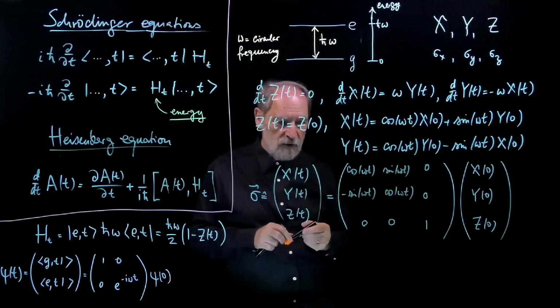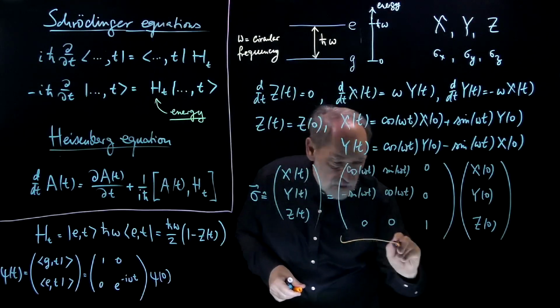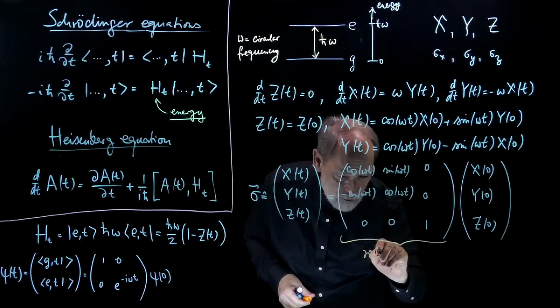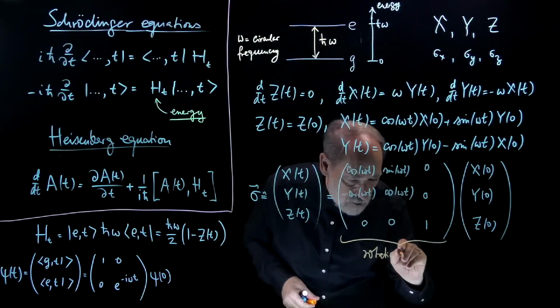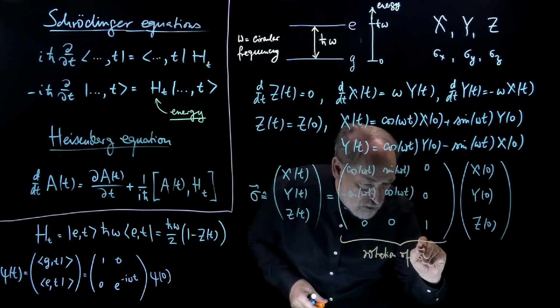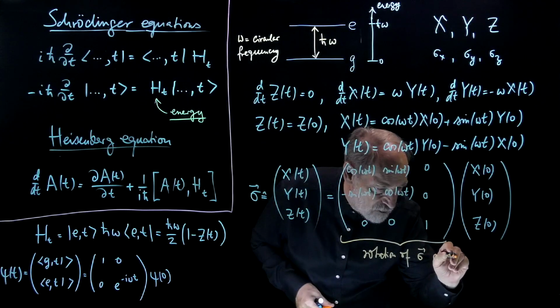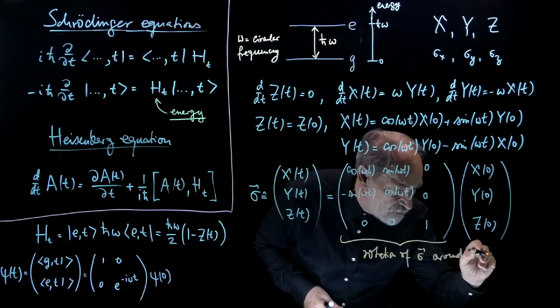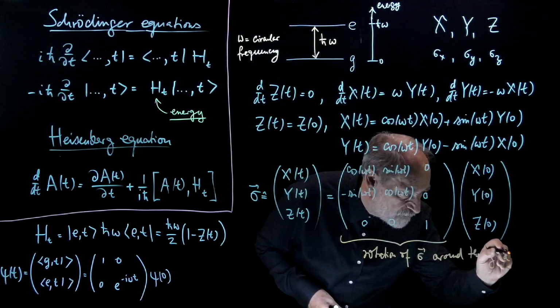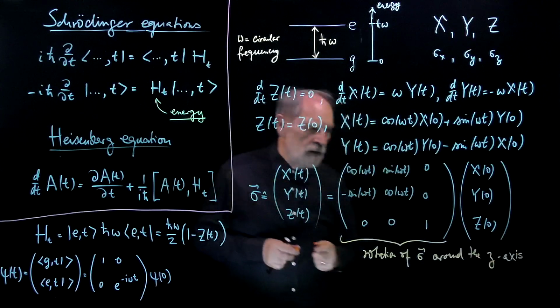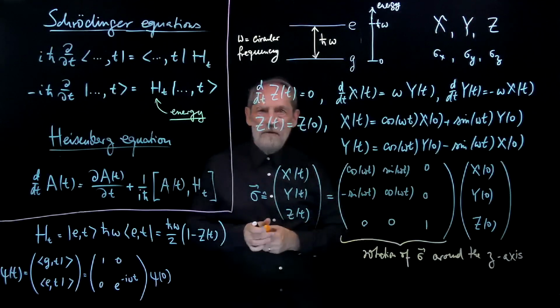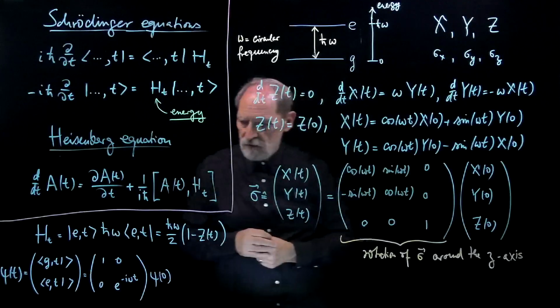So this matrix describes a rotation of sigma around the third axis, the z-axis. So the dynamics of this sort of system is very simple.